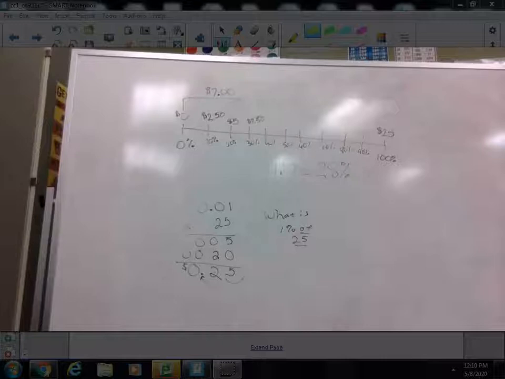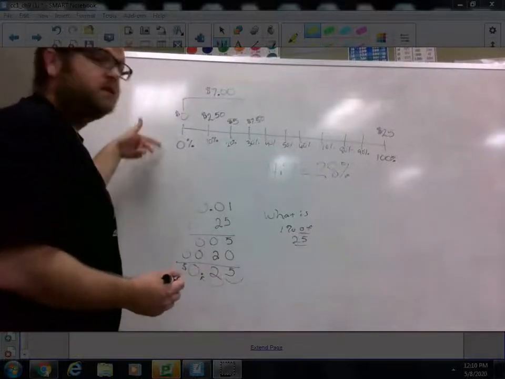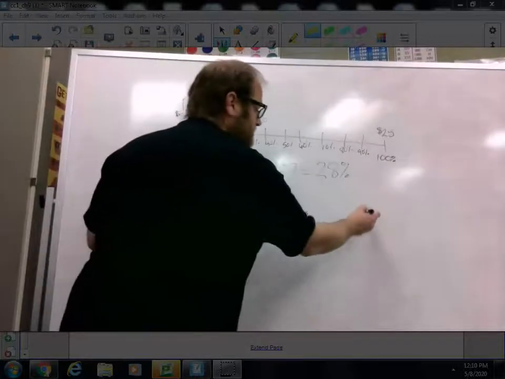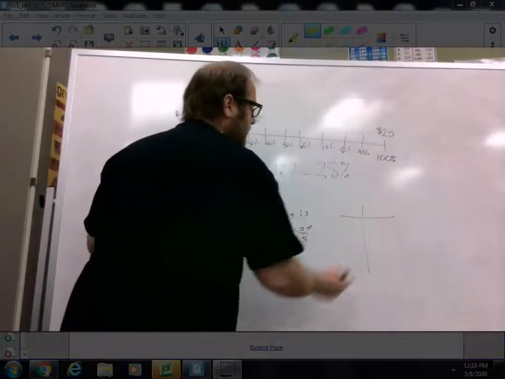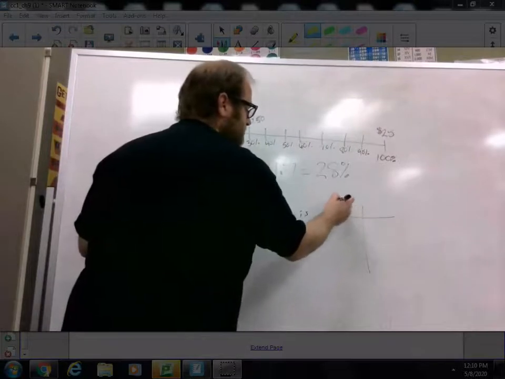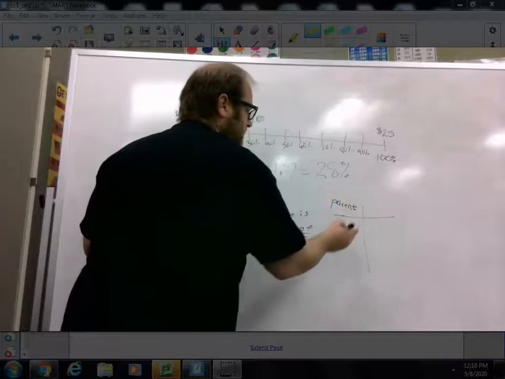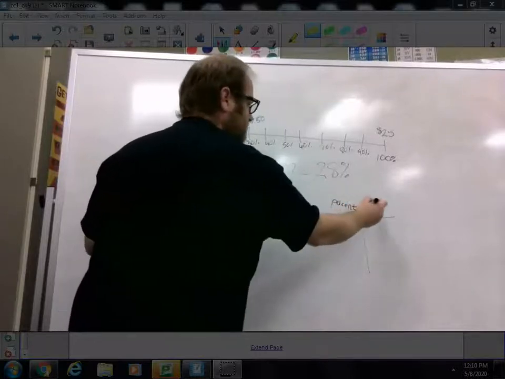Another way to approach this question is, if you remember earlier I said 1% is kind of like your unit rate. If we are comparing percentages and the amount of money, you can also set up a table where you compare percent and the savings.